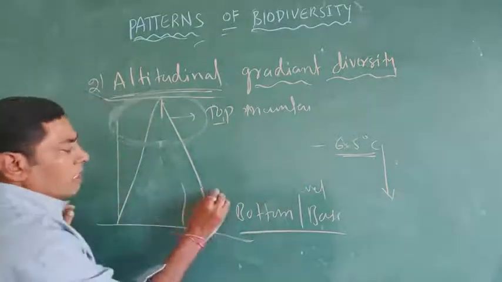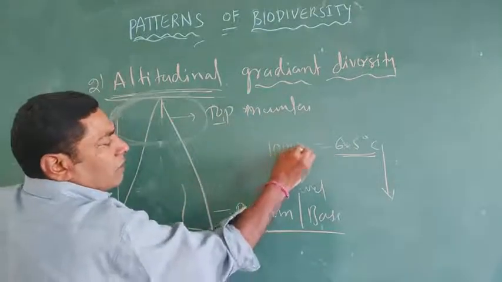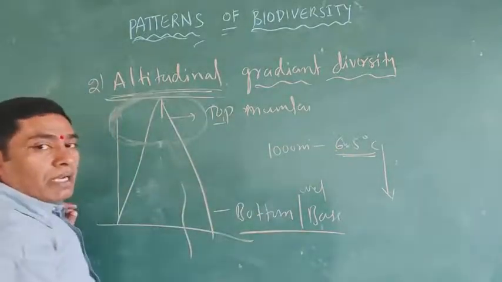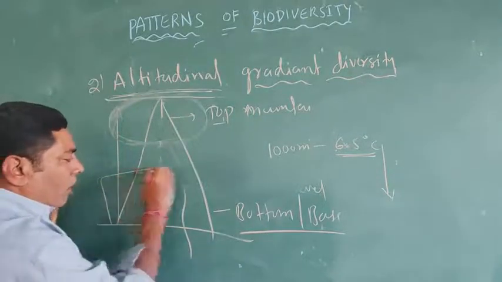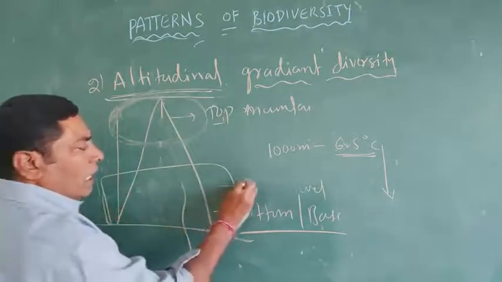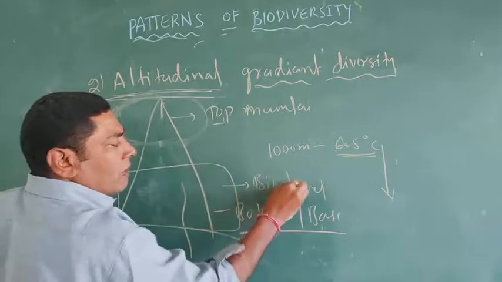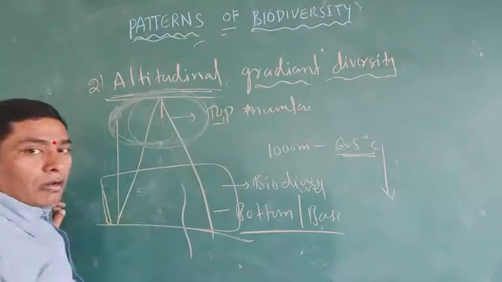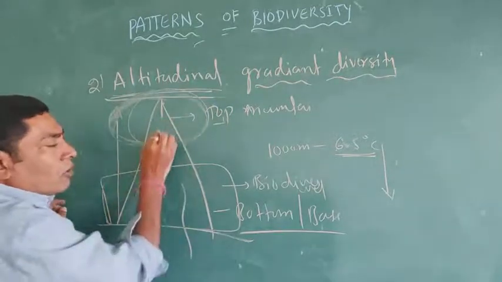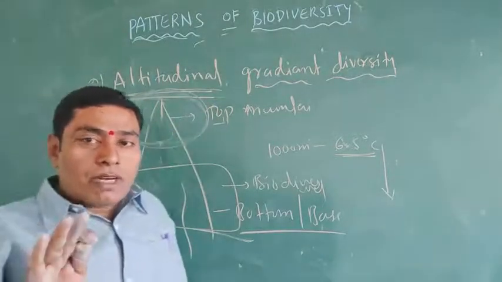So here, for every 1,000 meters of height, 6.5 degrees centigrade is lost. It means the bottom of the mountain has high biodiversity compared with the top of the mountain, which has low biodiversity.